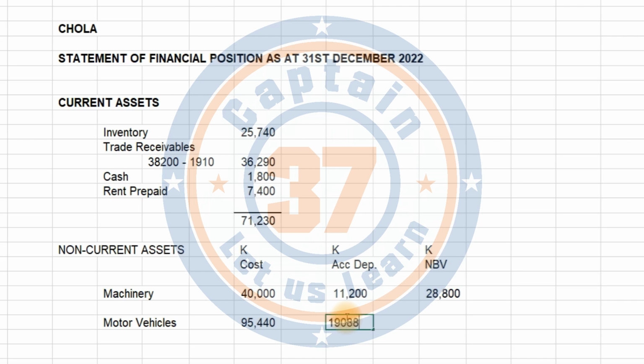Question: was there any provision for this in the trial balance? The answer is yes. There was a provision for depreciation of the motor vehicles at 1,080 kwacha. It means that we are going to add this 19,088 kwacha.